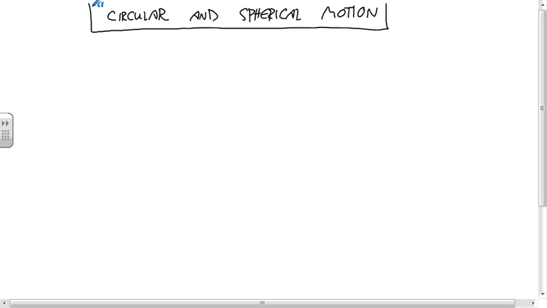It's motion about a joint. Circular motion is when all the motion stays in a plane, and spherical motion is when it stays that fixed distance from the pivot point, but it's free to move in all three directions.